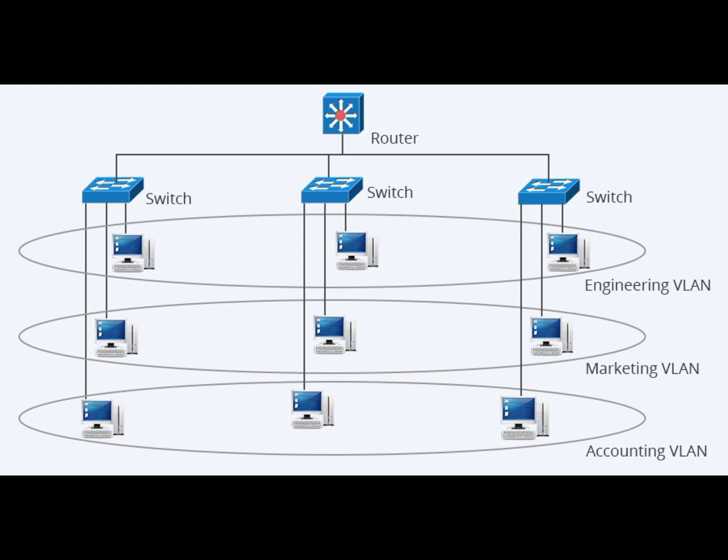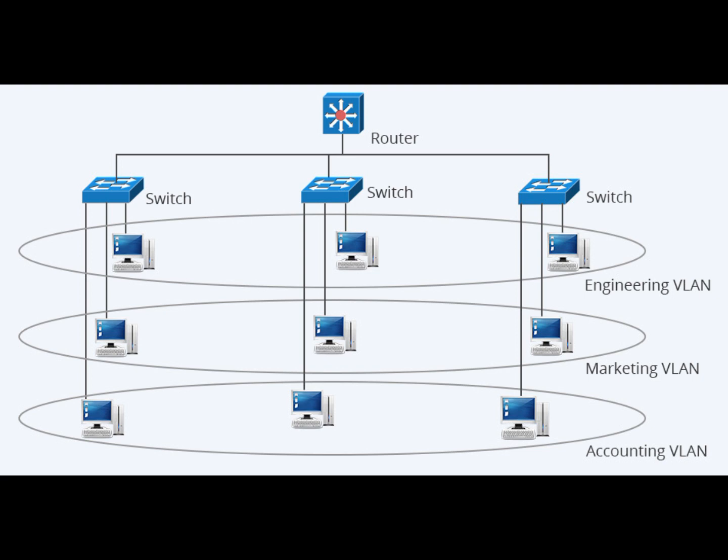Each VLAN operates as a separate broadcast domain, meaning broadcast traffic, such as ARP requests or DHCP requests, is contained within the VLAN and not forwarded to devices in other VLANs. And devices on different VLANs typically use different network subnets, which means they won't be able to communicate at the IP level without some form of routing.